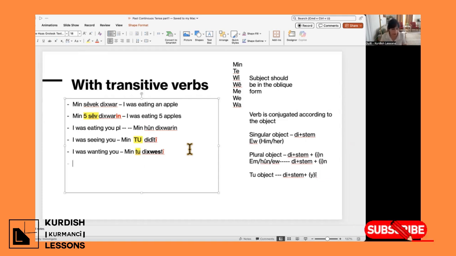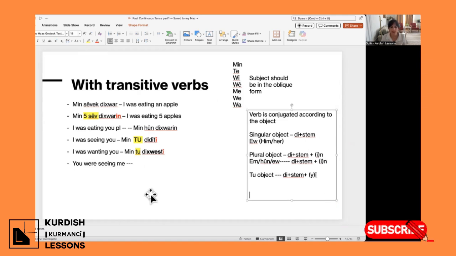So you may want to say you were seeing me, right? So you were seeing me, but you didn't tell me, for example. So this is interesting. Okay. So here the object is me. So since in Kurmanji, object should be in simple form, as is the object.